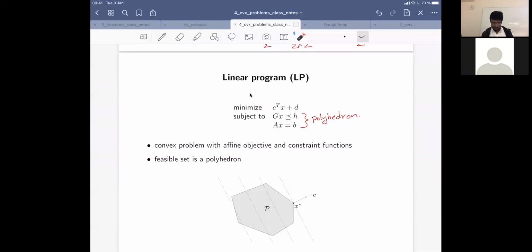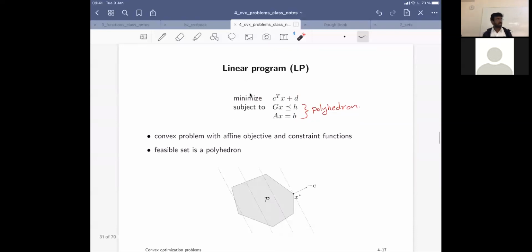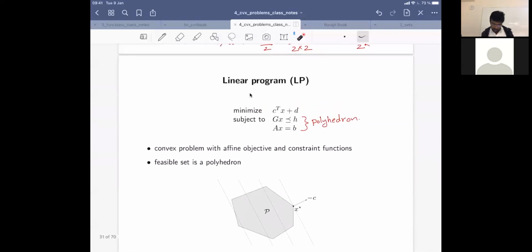We will start with a very simple class. This is a very old optimization framework, linear programming. You can see that all these are with respect to our standard form. In linear programming, we had f0(x) before; now the objective function is an affine objective function.